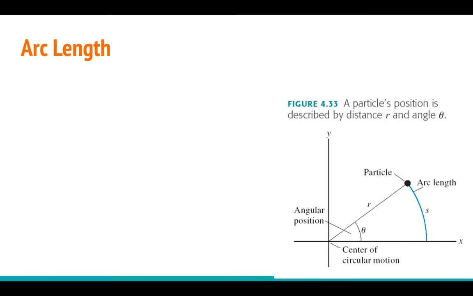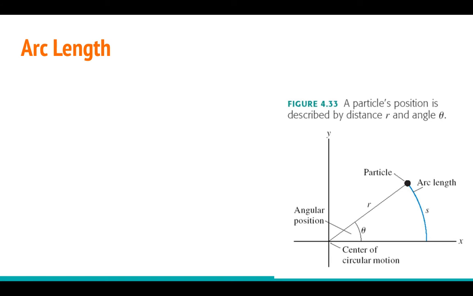We know that there are many ways in which we can describe the motion of an object moving in a circle. We can talk about its angular position, so the amount of degrees or radians that the object has traveled. We can also state the radius of the circle, which is the distance from the center that the object travels.